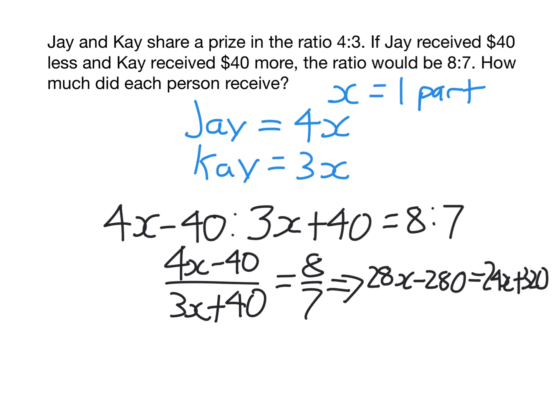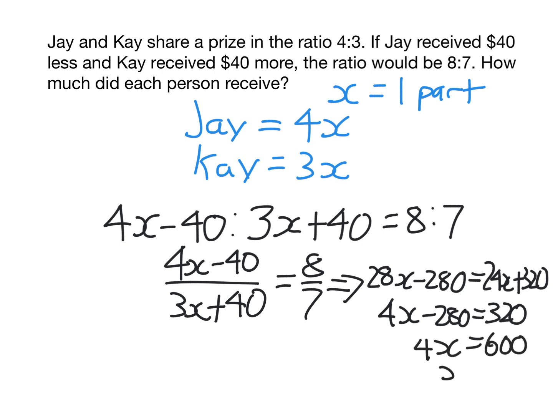We've got x on both sides of the equal sign, so we subtract 24x from both sides. Then we add 280 to both, and then we divide each side by 4. So we found out that the value of each part is $150, so J received 4 of those, $600, and K received 3 of those, so she got $450.